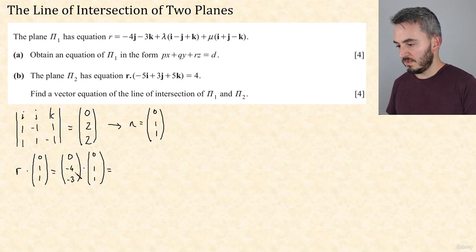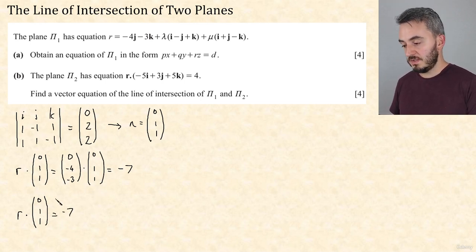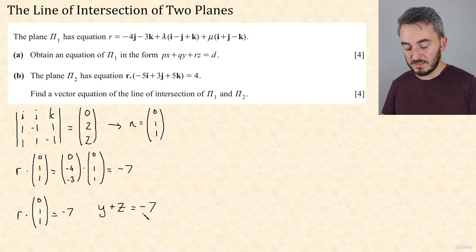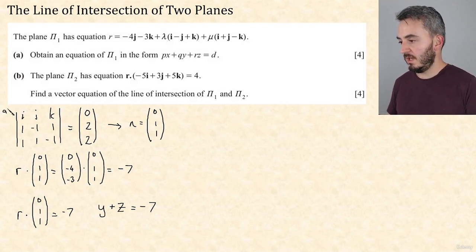What do we get there? We get 0, we get minus 4, minus 3, so minus 7. And so there is my scalar form, (0, 1, 1) equals minus 7, but they want it in Cartesian form. So that is 0x plus y plus z equals minus 7. And there's our Cartesian equation of the plane. Okay, there's part A done.